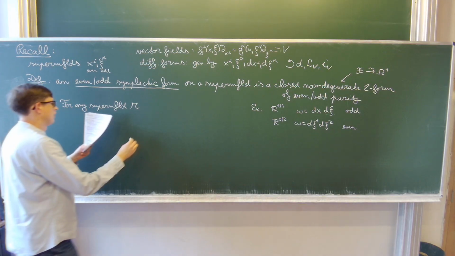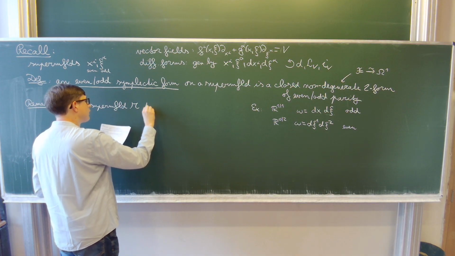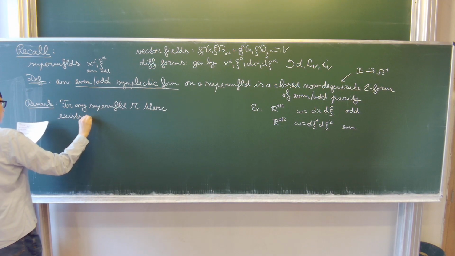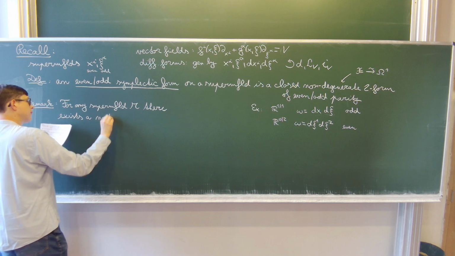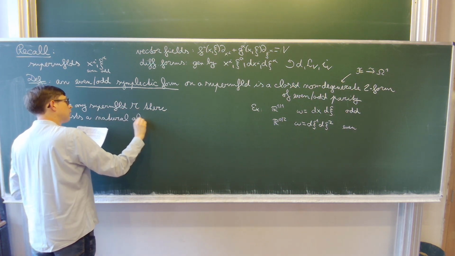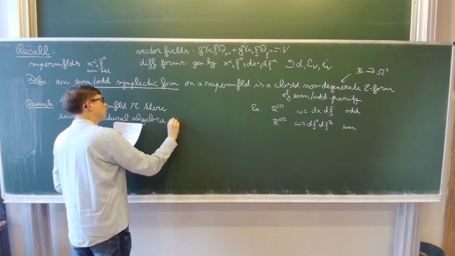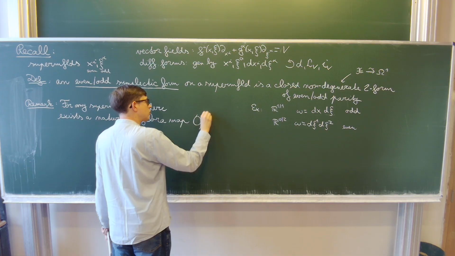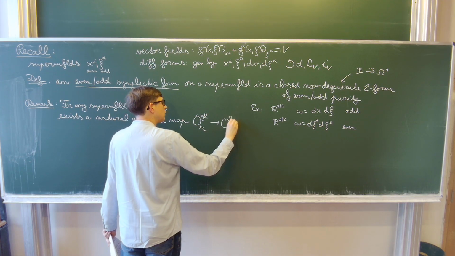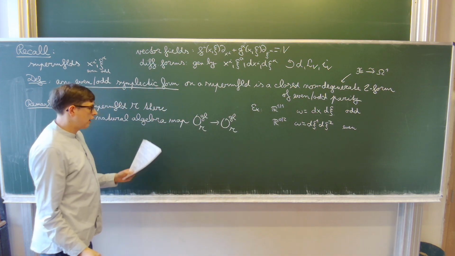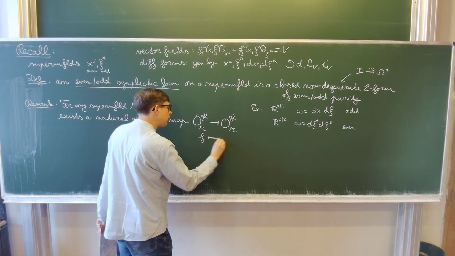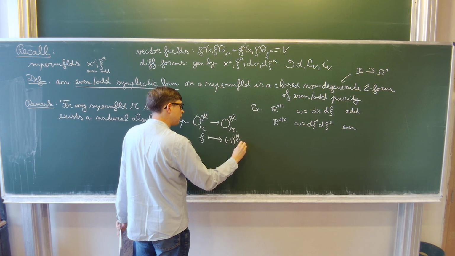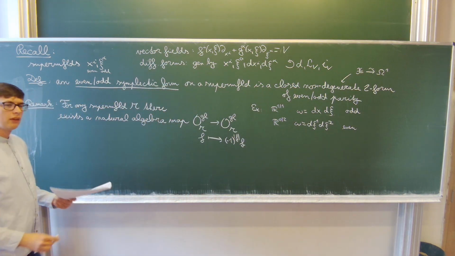For any supermanifold M, there exists a natural algebra map which goes from global functions into themselves, and is given by taking a function and multiplying it by (-1) to the parity of the function.